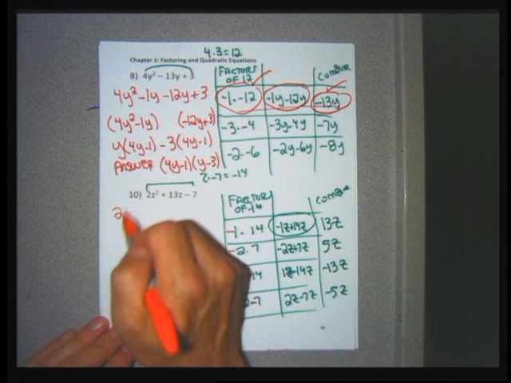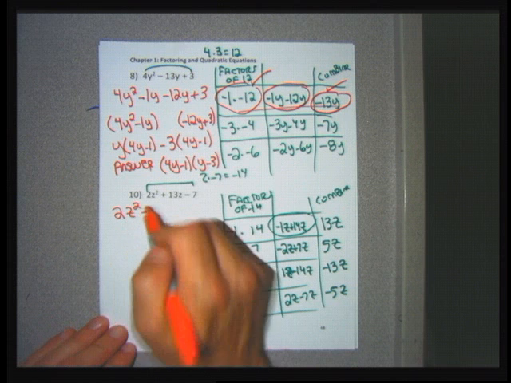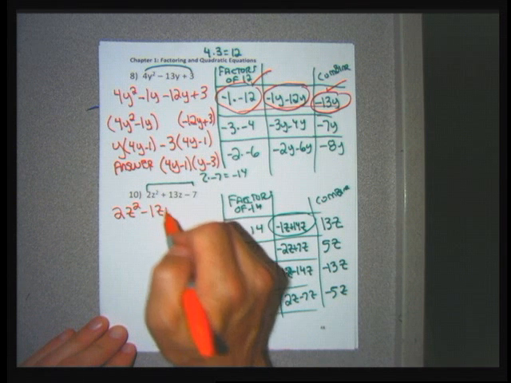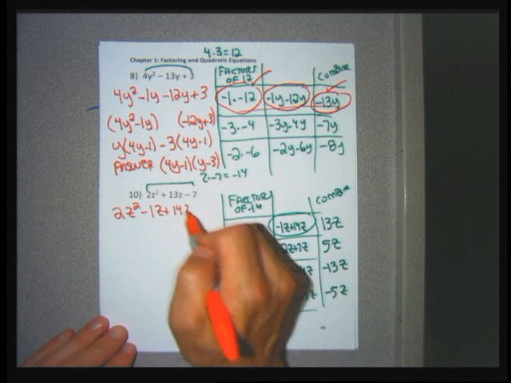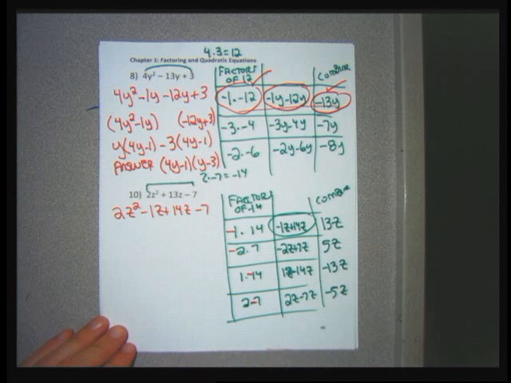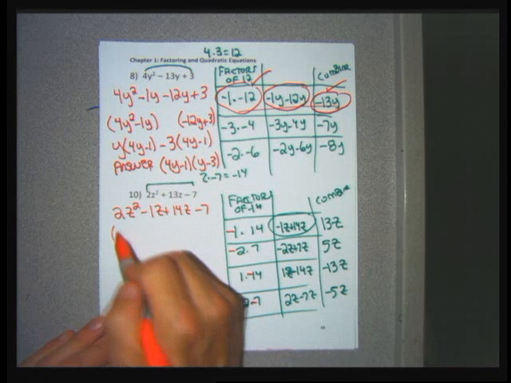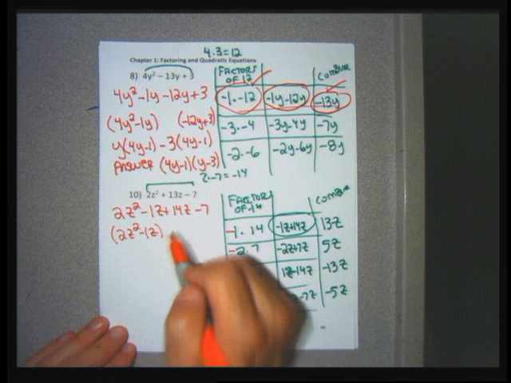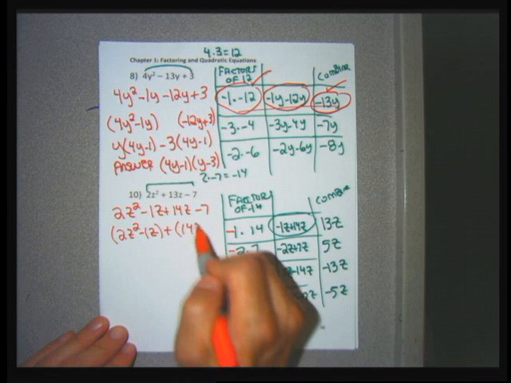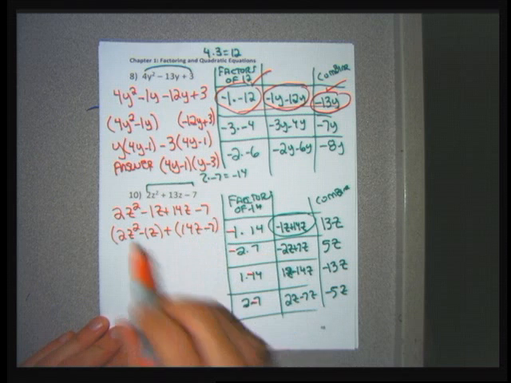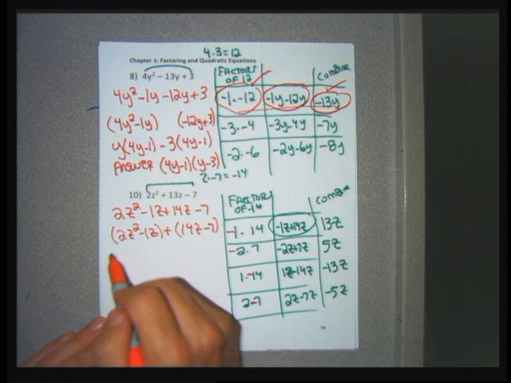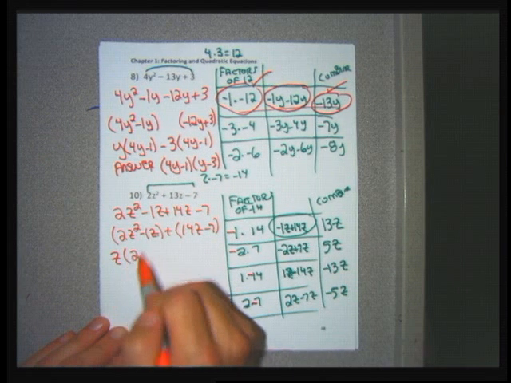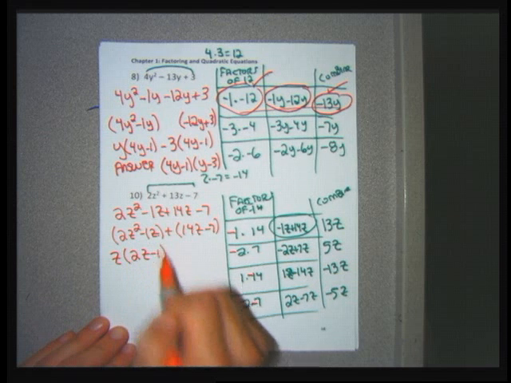So I'm going to write 2z squared minus 1z plus 14z minus 7. Make my parentheses. 2z squared minus 1z plus 14z minus 7. Here I'm factoring out just a z, and I'm left with a 2z minus 1.